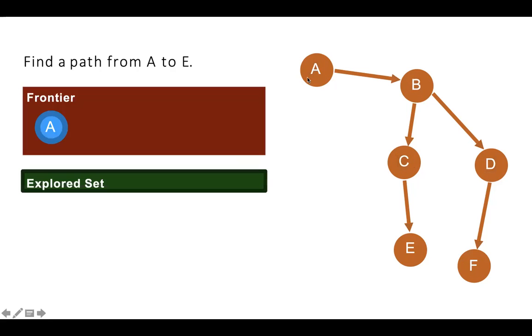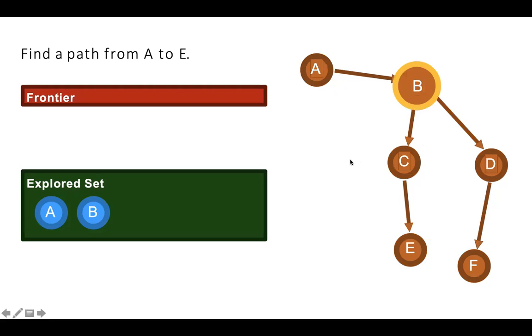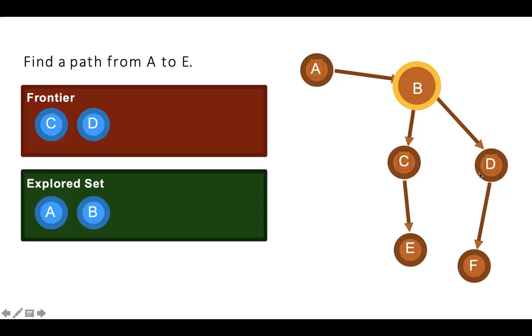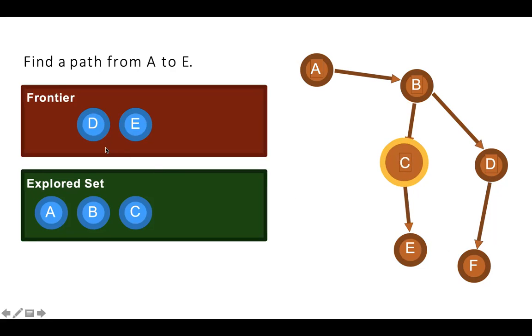The first time that we start, our frontier is A. Then moving to B, we have explored A, or visited A, so we place A over here and move to B. Now our frontiers are C and D. From C and D, because we have declared our approach to be left to right and C is the leftmost, we go to C, we declare it as explored set, and now we have the frontier of C. Earlier, I told you it's a queue format, a first in, first out format.